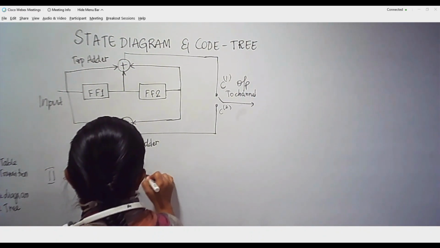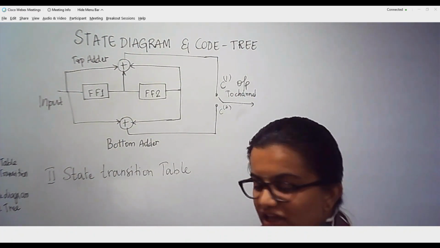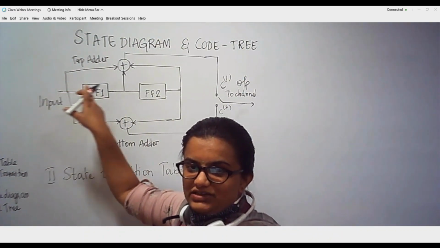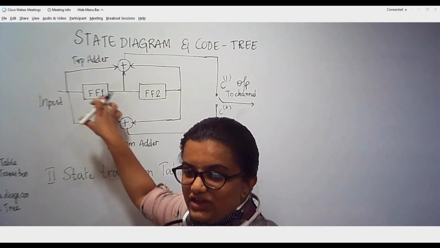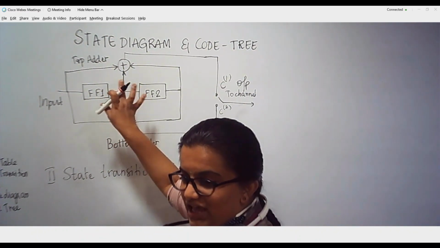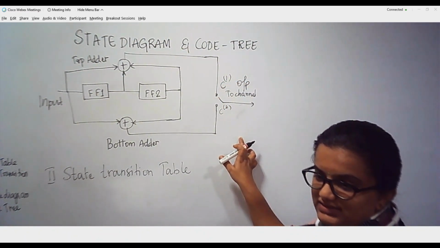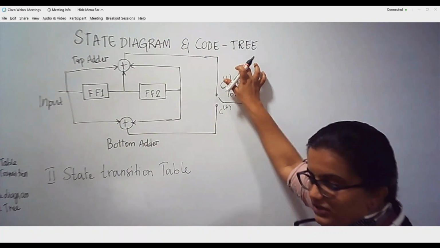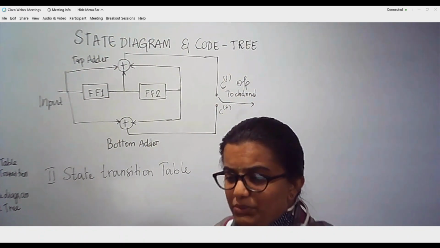What do you mean by state transition table? We are going to take into account that the initial state will always be 0 0. If the next bit that is coming in is 1, I need to know what impact that input bit has on the shift register, as well as its effect on the output, that is code bit C1 and code bit C2. That is what we are trying to tabulate over here.